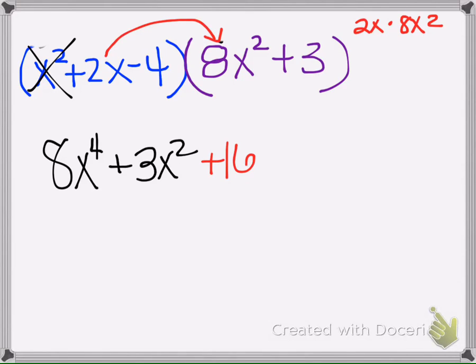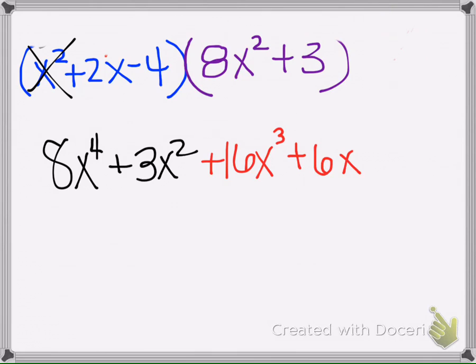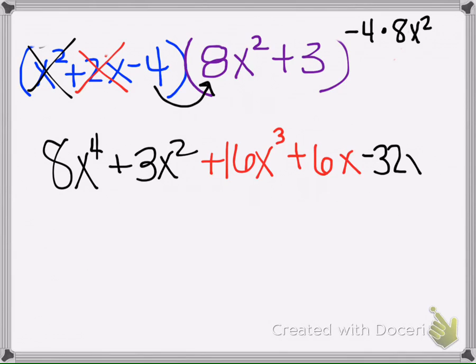That's 16x to the third because we add the exponents. And then we have 2x times 3, which is 6x. Okay, so we're done with the 2x. Now we have one more left. We have negative 4 times 8x squared. So that's negative 32x squared. And then we have negative 4 times 3, which is negative 12.